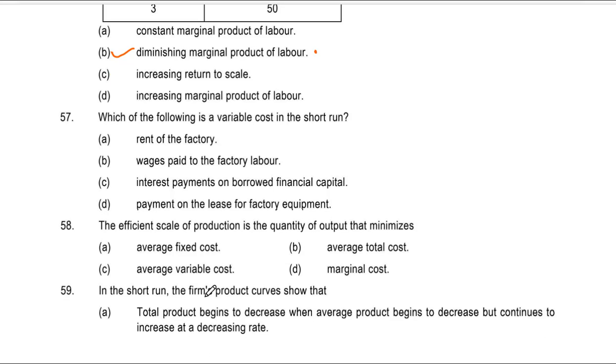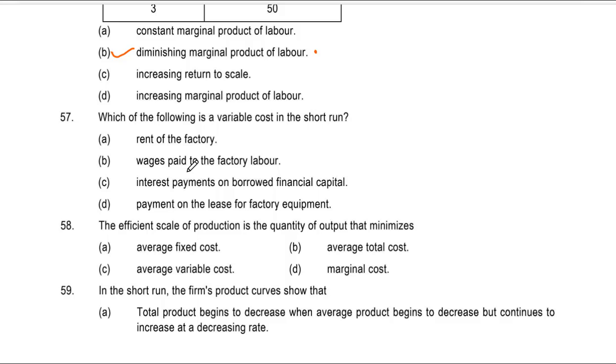57th. Which of the following is a variable cost in the short run? A. Rent of a factory. B. Wages paid to factory labor. C. Interest payment on borrowed financial capital.